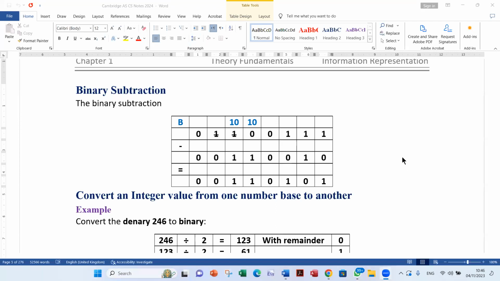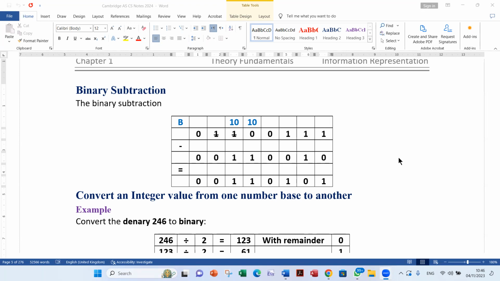Having done that, we have to look a little bit ahead. Because in the O-level, you already know what ones or twos complement is, and how you can represent negative numbers.